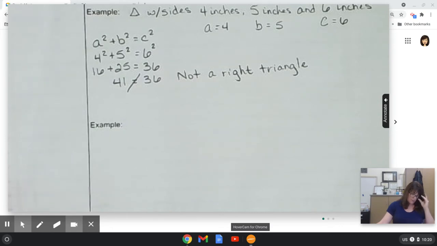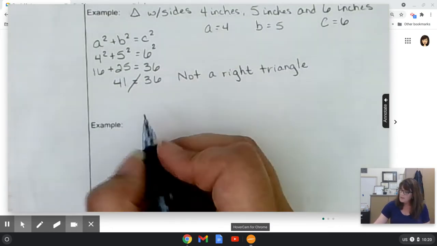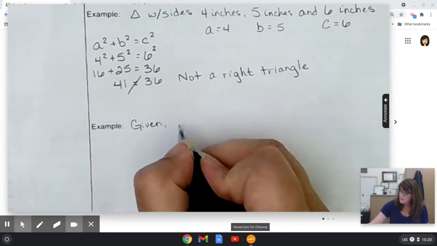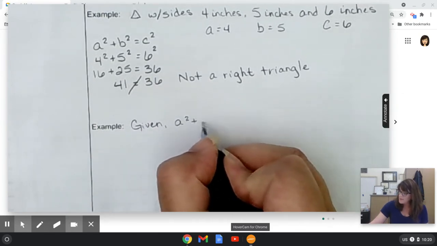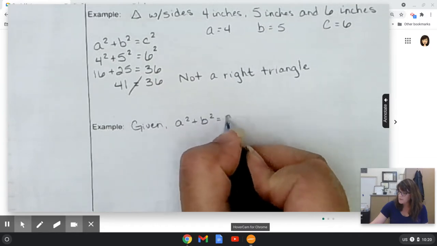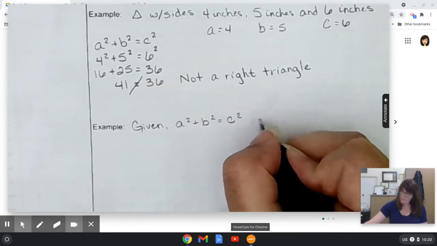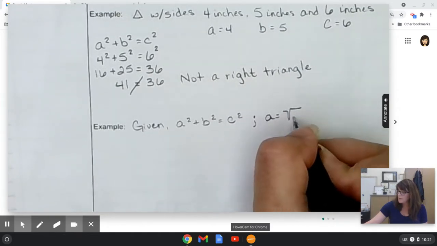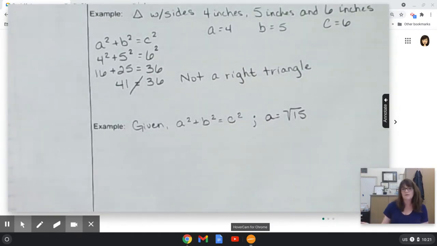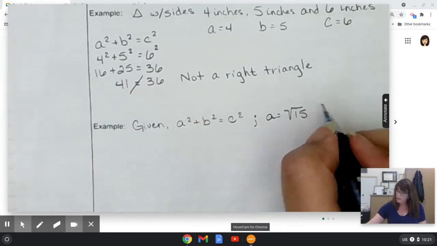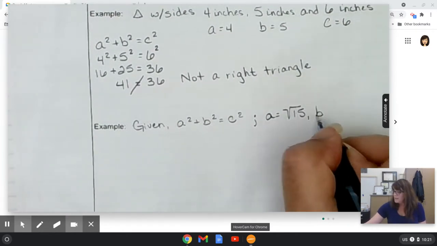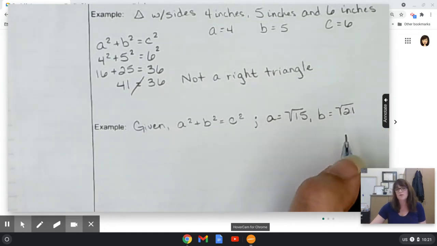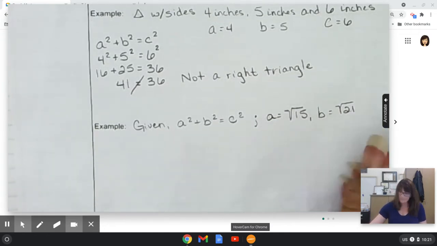Sorry. Okay. In this example, given A squared plus B squared equals C squared, and A equals the square root of 15, which we know is a little less than 4. B equals the square root of 21, which we know is getting closer to 5.